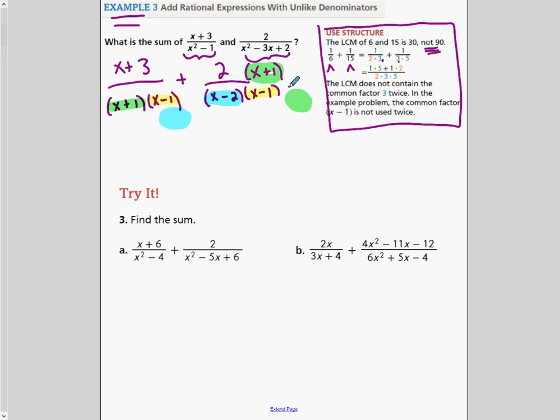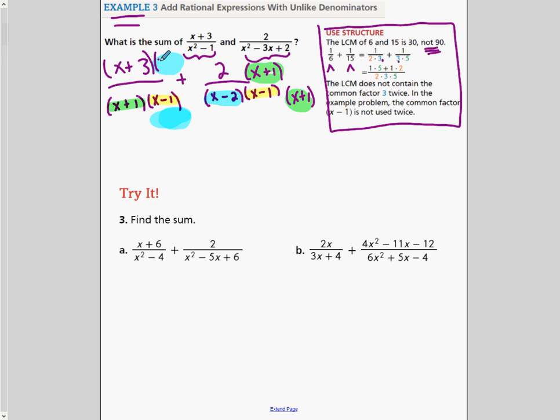And on the left, we have the green and the yellow, but we need the blue. And whatever you do to the bottom, we're going to multiply by x minus 2. You have to do the same to the top. So we need to multiply x plus 3 times x plus 2.